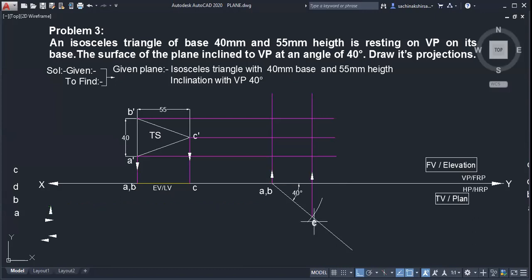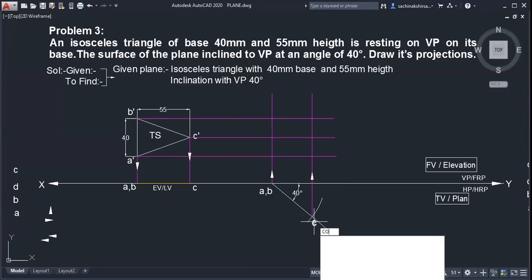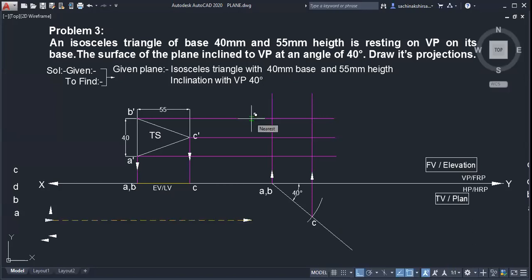Similarly from this, again maybe from here, here, in this way we have drawn the projector lines. For your information you can show an arrow also from where we are drawing the projector lines.